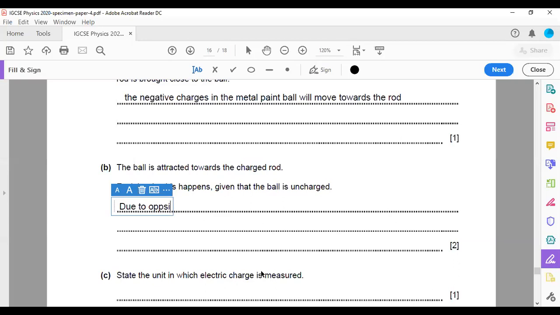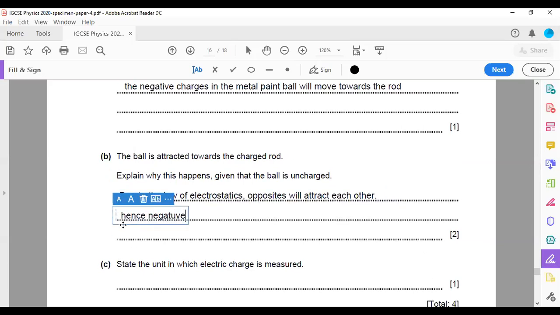Due to the law of electrostatics, opposite charges will attract each other, hence negative charges move towards the positive charges on the rod. So that's a force of attraction.